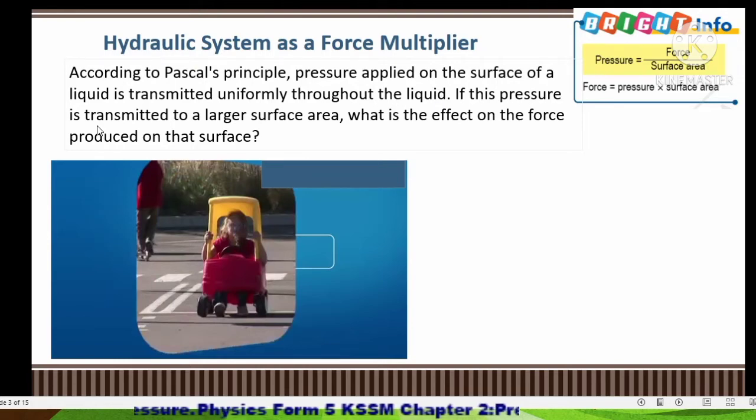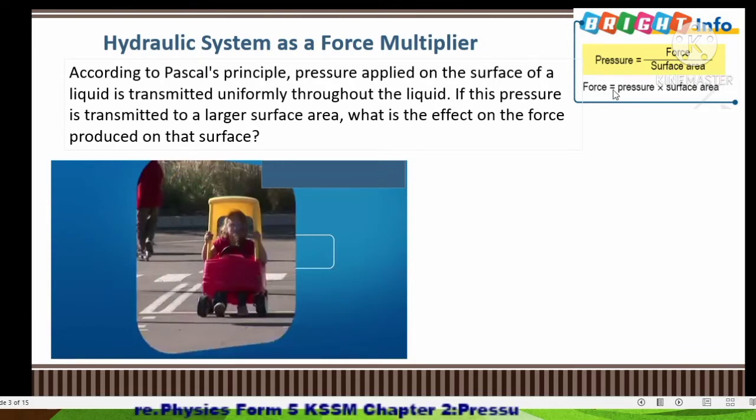If this pressure is transmitted to a larger surface area, what is the effect on the force produced on that surface? To answer this question, I hope you still remember the formula of pressure. Pressure equals force divided by surface area, or we can write as pressure equals force per unit area.